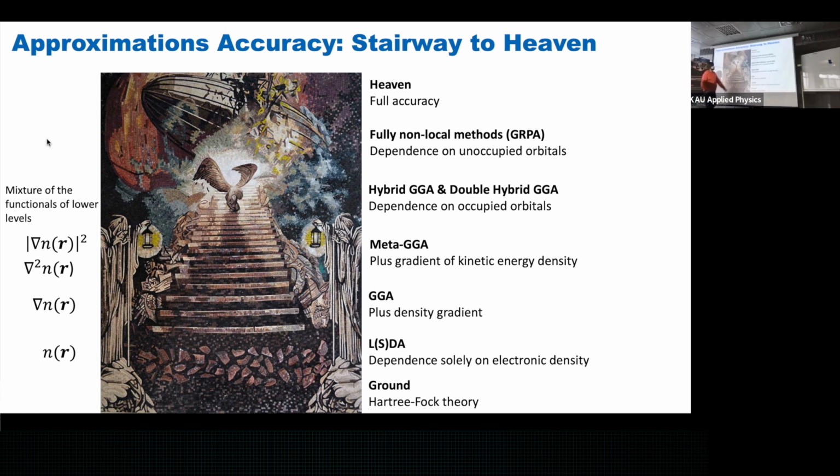And then we also have hybrid GGA, hybrid potentials, which are some mixture of all these things. They are very computationally demanding, but they are rather useful when we want to calculate the exact energy gap, and then full non-local methods.